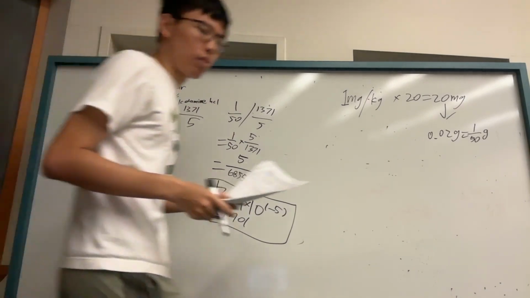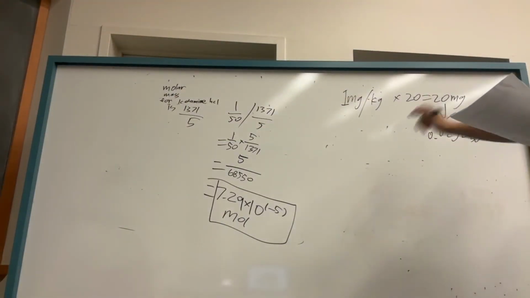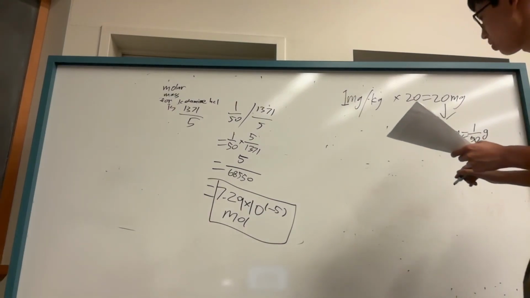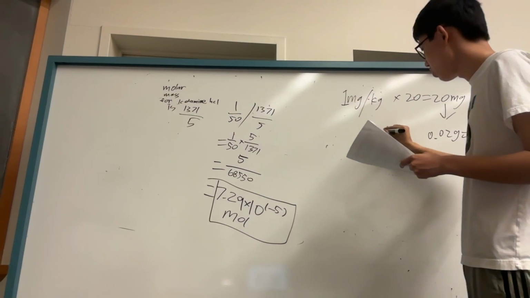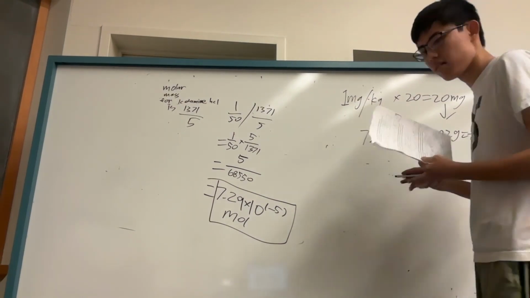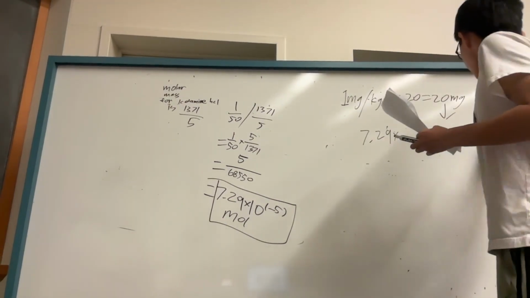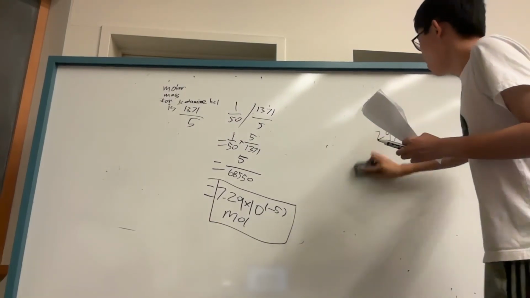And if you want to find the molecules, you multiply that by Avogadro's number. Let me just erase this quickly so we have more room.